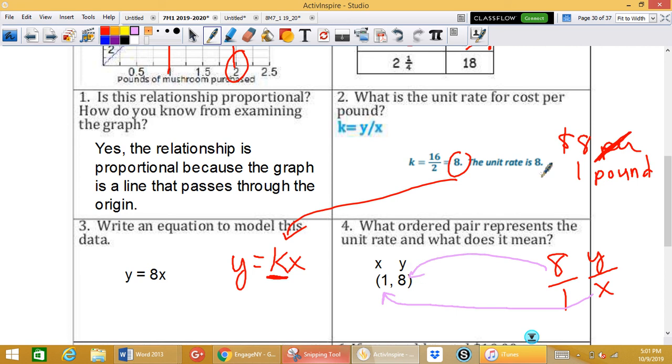So what does it mean? It means 1 pound is $8.